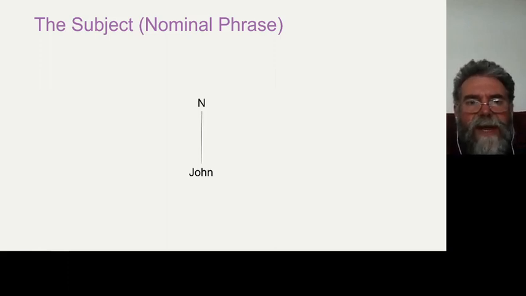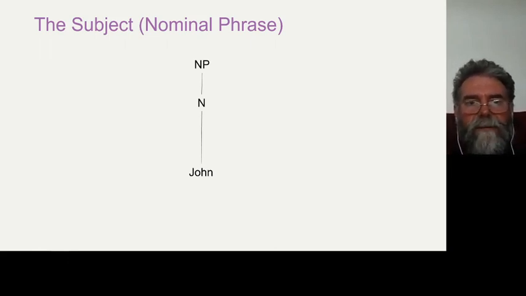Okay, so there's a noun position, and in that position we can put in nouns like John. But we also know that this noun is something which can occupy the subject position, and the subject position is more than just a noun position. It's a phrase position, a nominal phrase. We can represent that with NP. So an NP can be made up of just a single word, that is a noun. So John can sit in the noun phrase position.